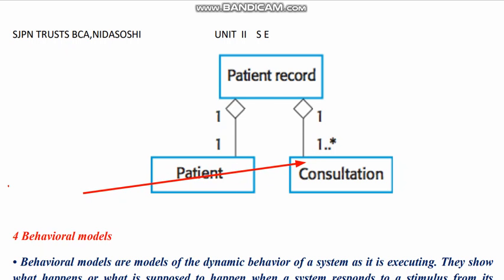Okay, it means the ratio here taken is sometimes 1:n, or 1:1 also. So what it means, one patient record is recorded for a patient who is getting consultation, and there can be n number of consultation records also for that particular patient, right? So in this way guys, you can write down the aggregation model.